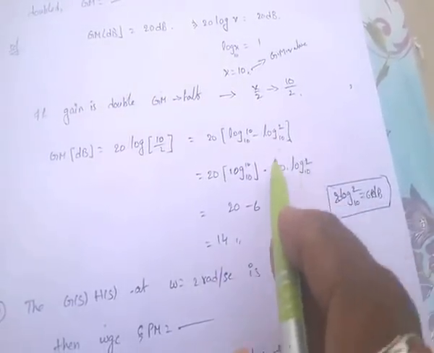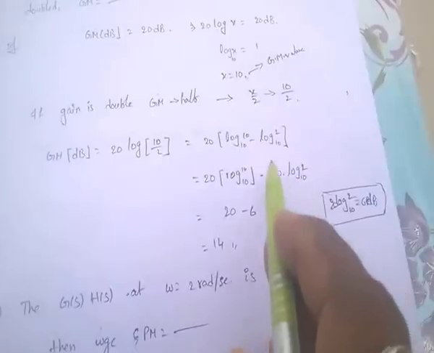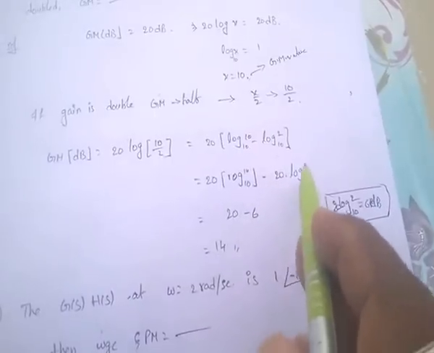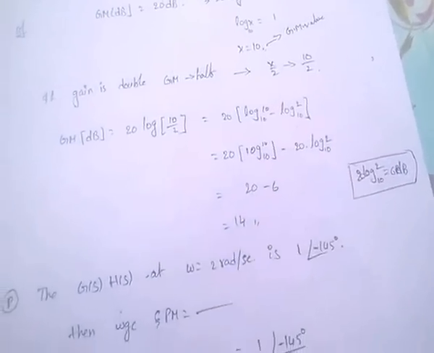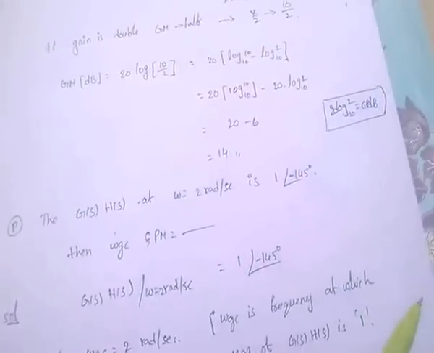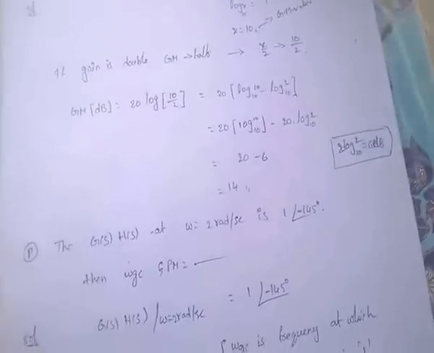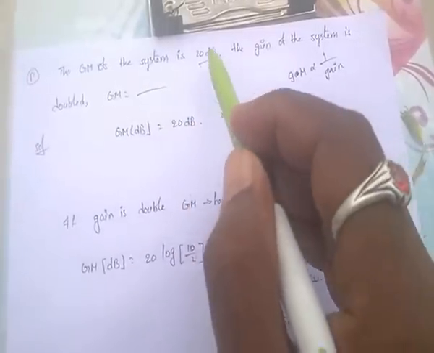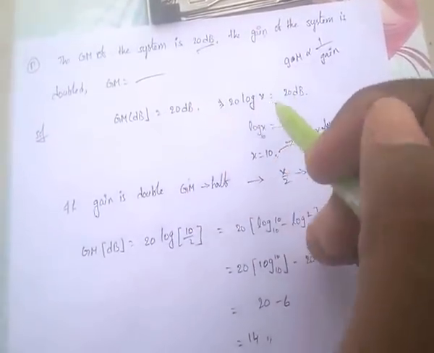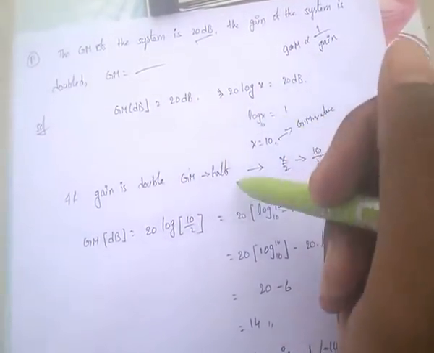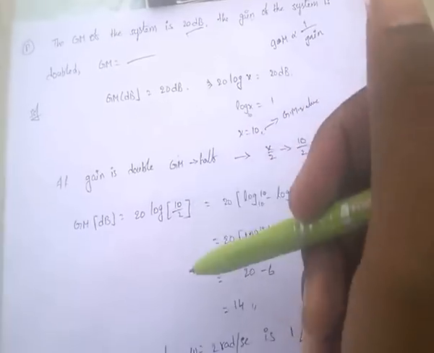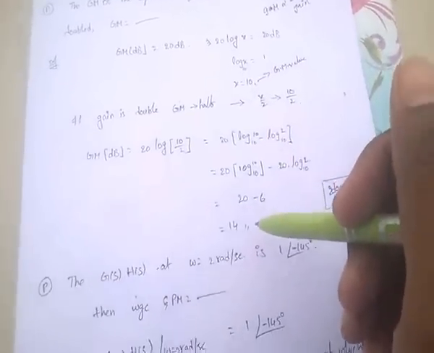Here, 20 log 2 equals 6 dB. Remember this. The main important thing is to convert dB into a value, then find the gain margin, and then convert into dB again.